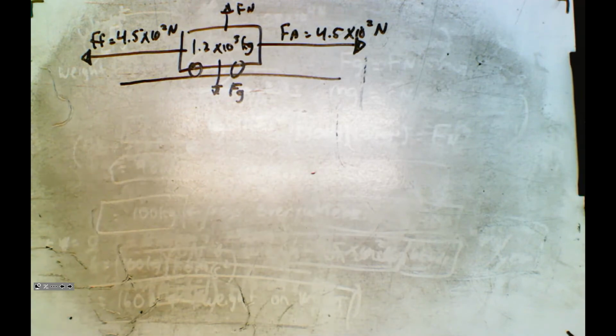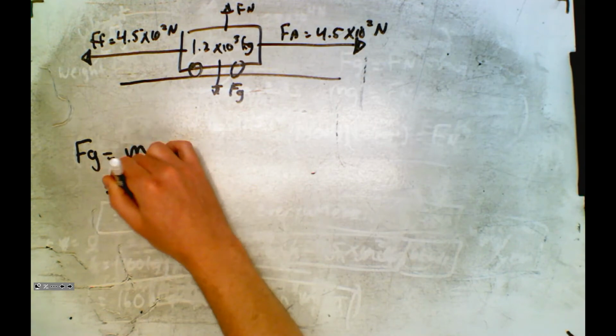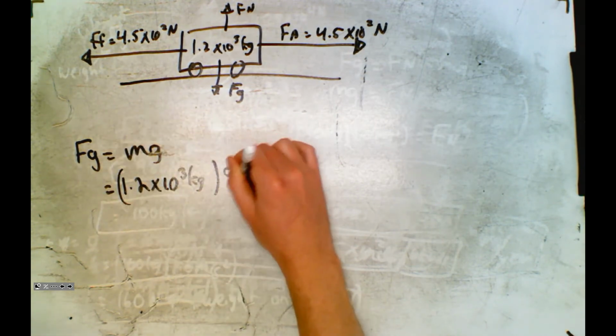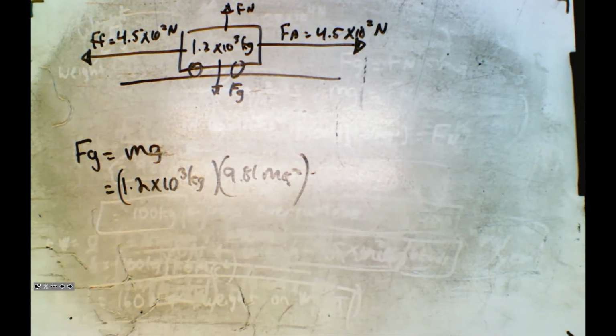So it asks us to determine the weight of the car. The weight of the car is just going to be mg. So 1.2 times 10 to the 3 kilograms times 9.81 because the car is on Earth. And we can find the weight of the car.